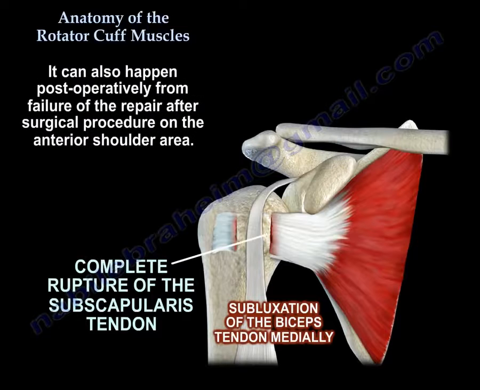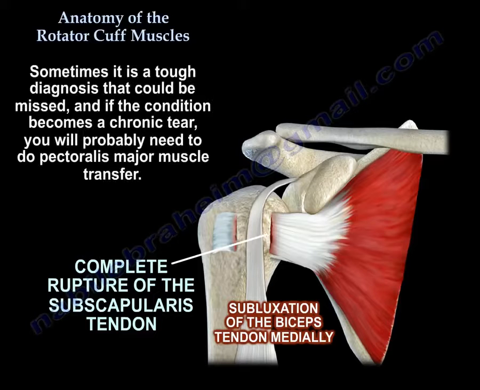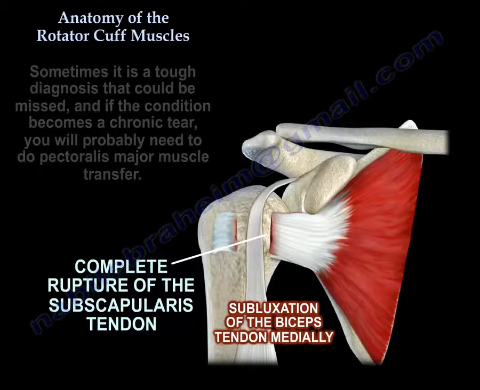It can also happen postoperatively from failure of the repair after a surgical procedure on the anterior shoulder area. Sometimes it's a tough diagnosis, and if you miss that diagnosis and the condition becomes a chronic tear, you probably need to do a pectoralis major transfer.